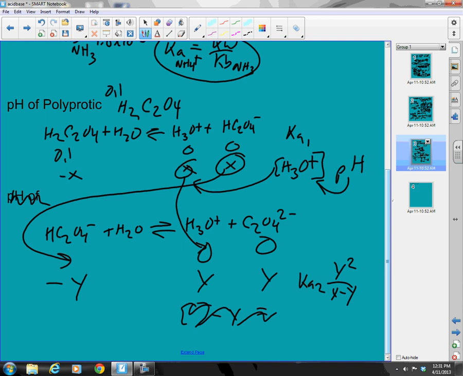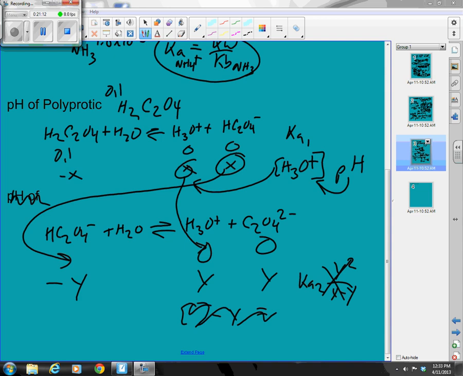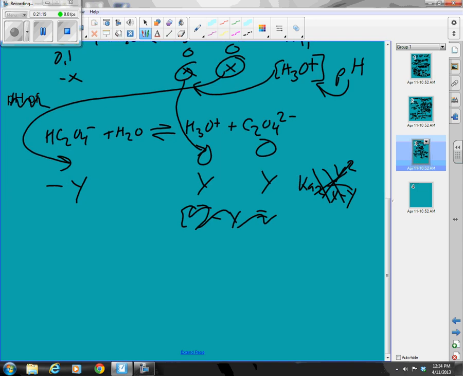And I'm going to assume that y is much, much smaller. What am I doing wrong? Okay, I know what I did wrong. This is not right, sorry, folks, because this is an x here.